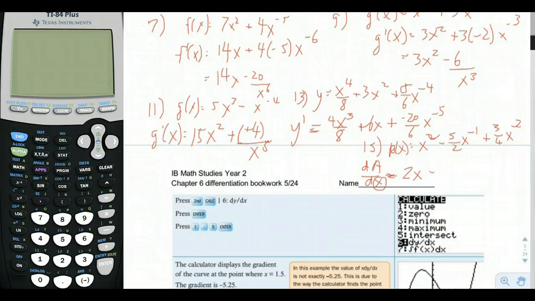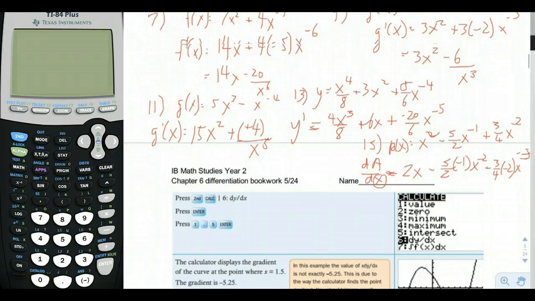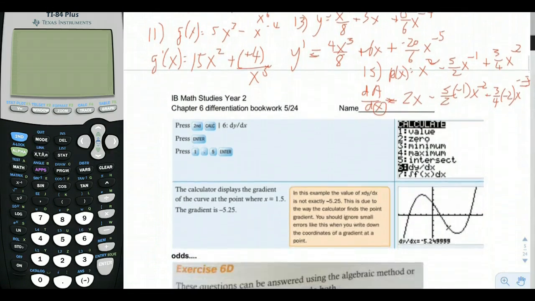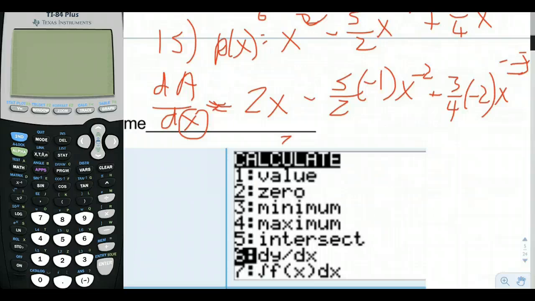It would be 2x minus 5/2 times negative 1 times x to the negative 2. And the next one is going to be plus 3/4 times negative 2 times x to the negative 3. And I could rewrite that. Oh my gosh, terrible writing, huh? I could rewrite that: 2x minus, and it would be minus negative 1, so it would be plus 5/2 with x squared in the denominator.